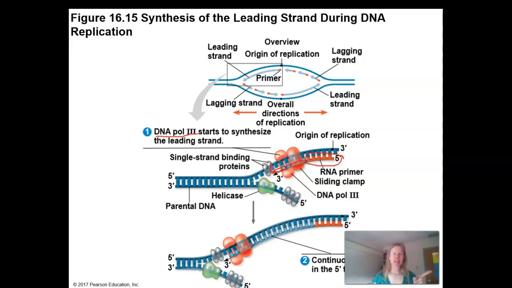As helicase is unzipping the DNA in this direction, DNA polymerase 3 is just going to keep going in the 3' direction. And so we would call that the leading strand. The leading strand is able to be synthesized continuously in the 5' to 3' direction.